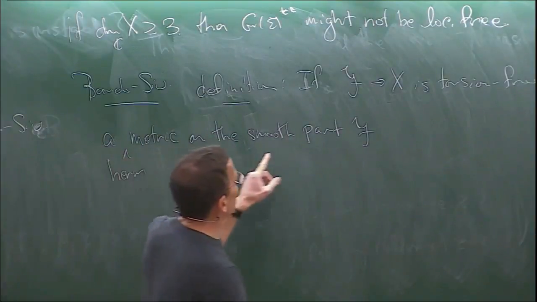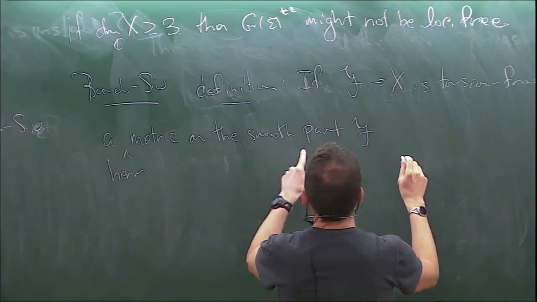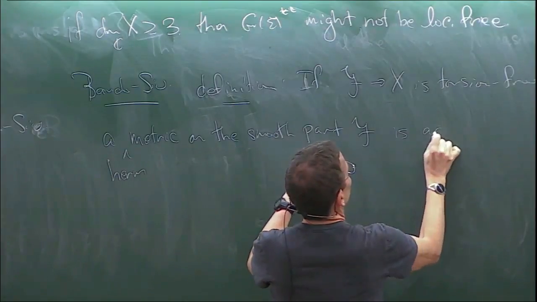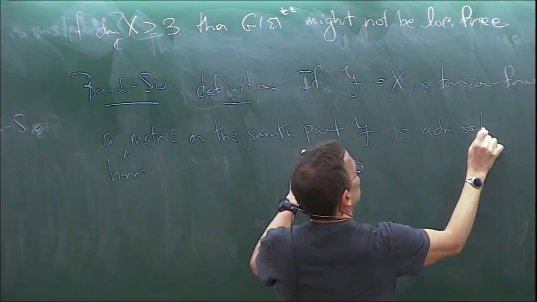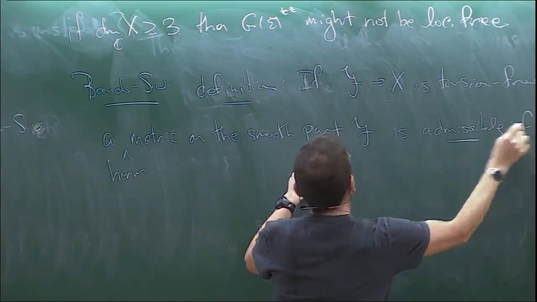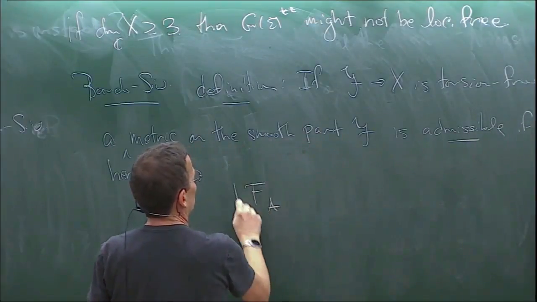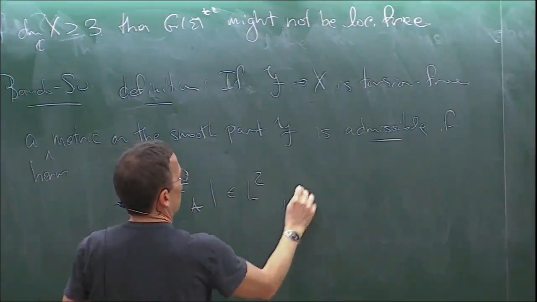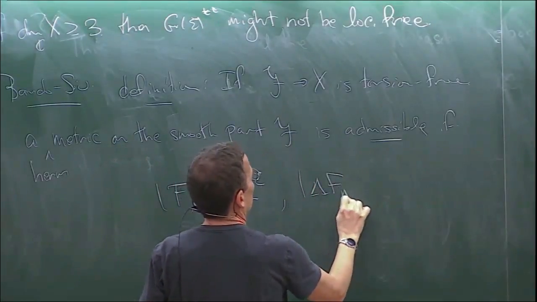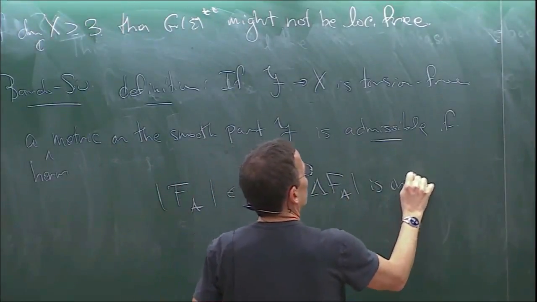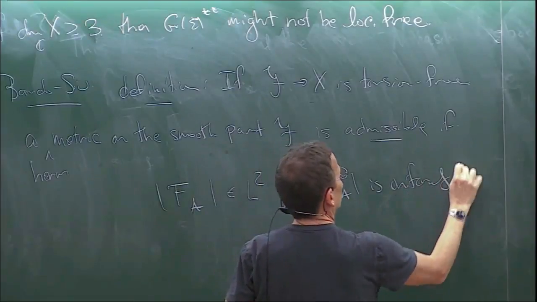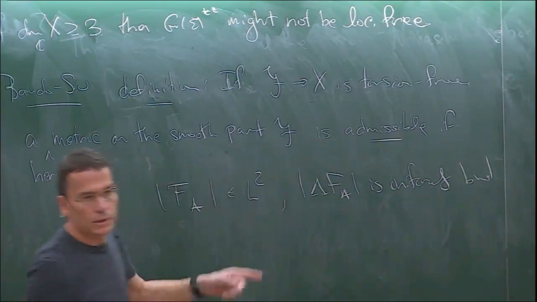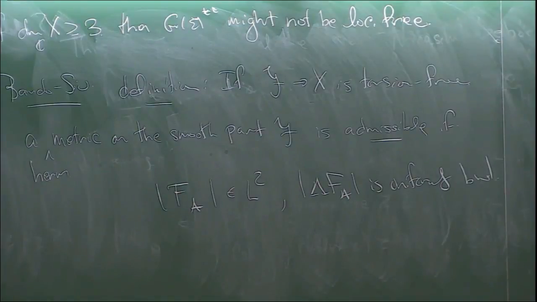A smooth Hermitian metric on the smooth part of F is admissible if the curvature of the Chern connection is in L2 and the Hermitian-Einstein tensor is uniformly bounded. So there again, we see the Hermitian-Einstein tensor and its boundedness appearing. This is kind of a theme in this whole subject, that that's the real operating thing to assume.